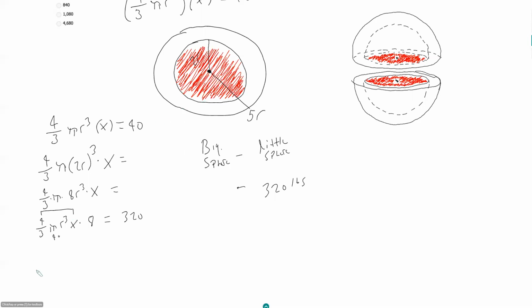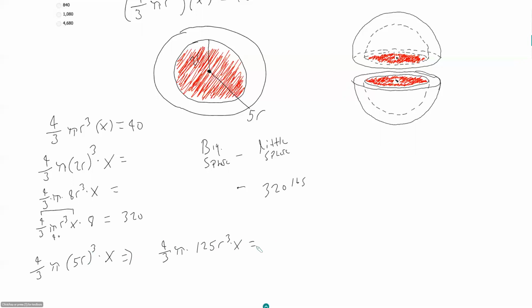And what is the weight of our outer sphere going to be? Really, it's both of these guys put together. So that will be 4/3 pi times 5r all cubed times x. And so this will be 4/3 pi 125 r cubed times x.